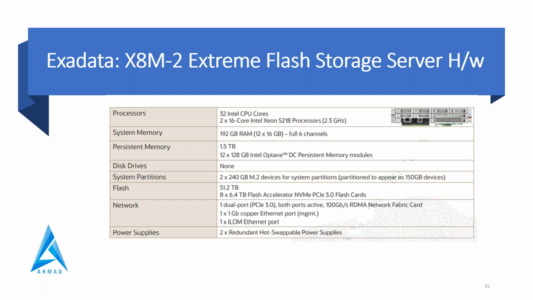So Exadata X8M uses a combination of scale-out storage, RDMA over Converged Ethernet networking, database offload, persistent memory accelerator, and PCI flash. So these are the technical things which differentiate the extreme flash storage server.